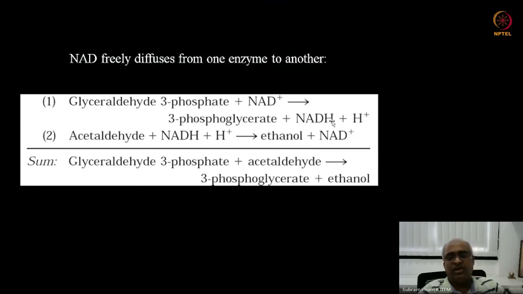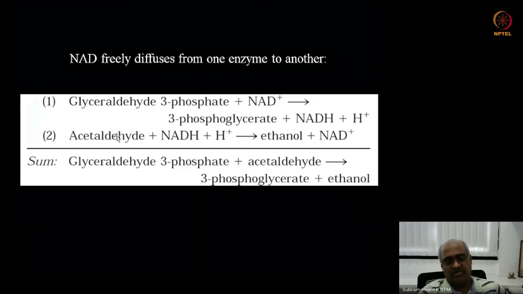Then you have a pool of NADH in the cytoplasm, and that can be used by alcohol dehydrogenase to reduce acetaldehyde into ethanol. Remember here, in acetaldehyde, the carbonyl carbon is double bonded with O, so it is a lesser reduced state.